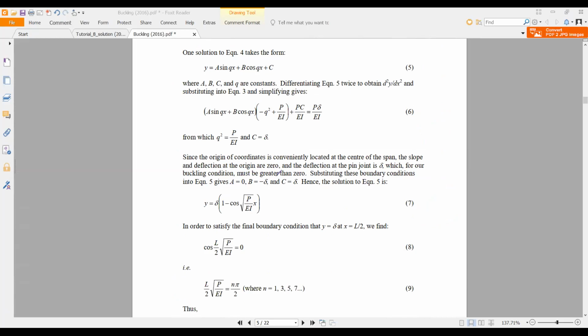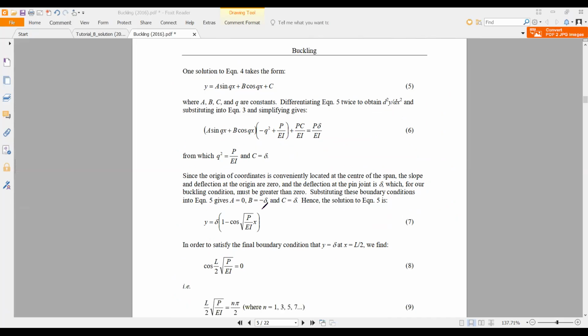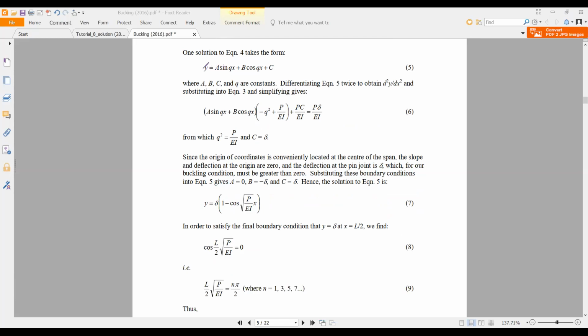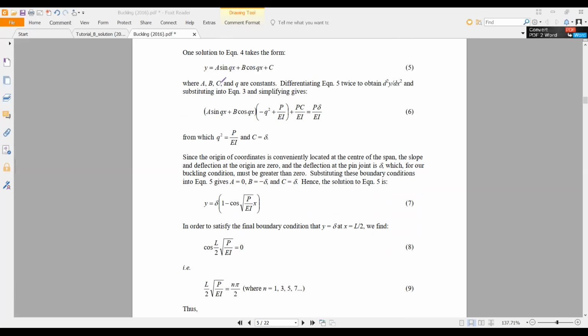You can substitute that end condition in the equations, and because you know q and c, after substituting the sine part will be 0 for a, and you substitute the boundary condition for b. You will get 2 equations from this equation. Solve those 2 equations, and you will get the a and b values as well, and then substitute a and b and q and c in here.